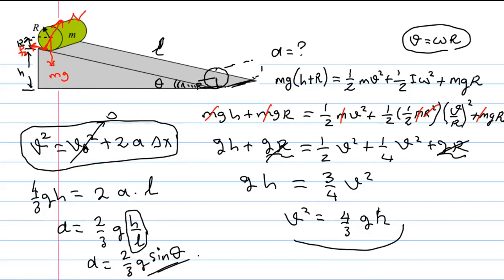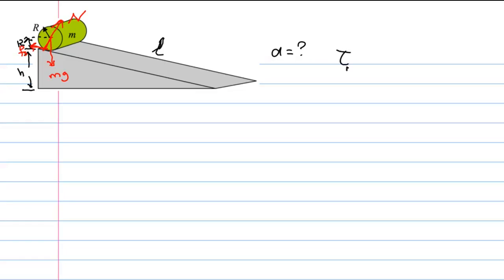So we used the energy conservation method and found acceleration. Next we are going to use another method, the torque method, and also Newton's second law to find acceleration. Net torque tau equals moment of inertia I times the angular acceleration alpha.